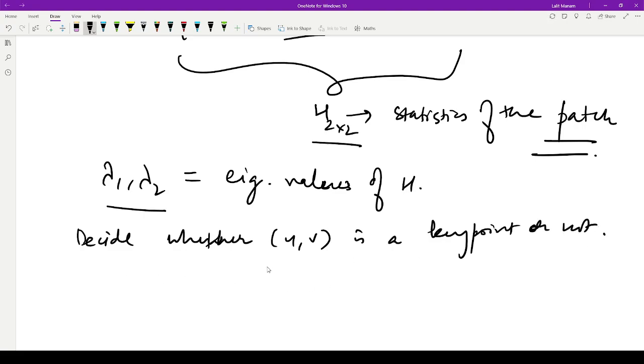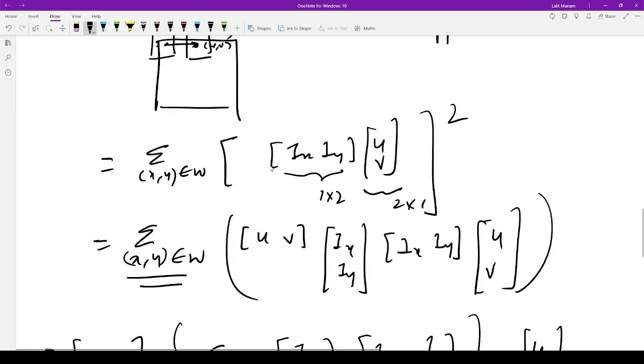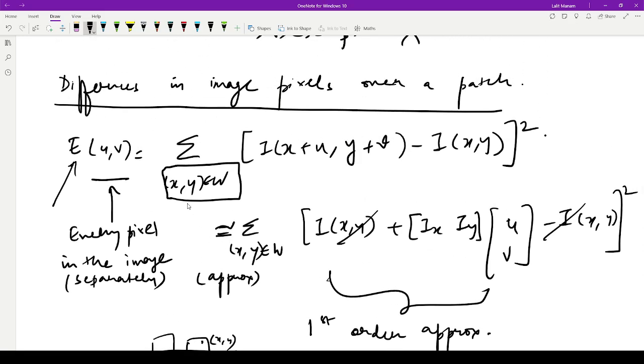So this is the whole idea. Is it u comma v or x comma y? No, x comma y are the variables over the window. Here u and v denote the central pixel.